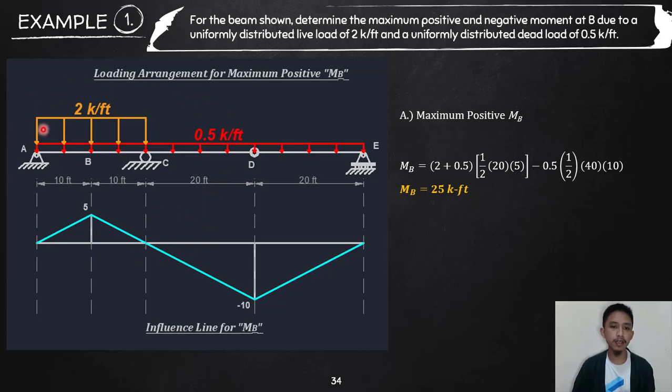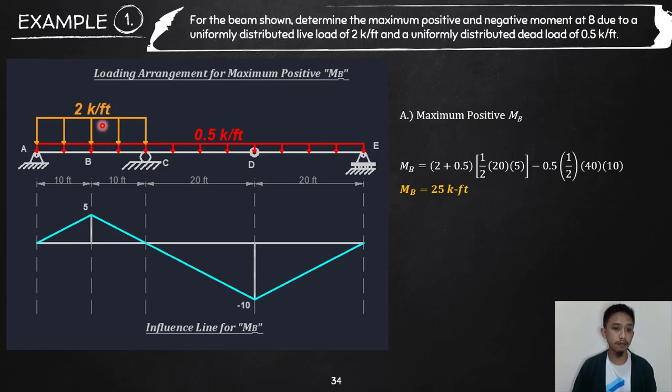Therefore, since we are after a maximum positive, we should locate our variable load over the positive area. So let's lay the live load of 2 kip per feet within the positive area of the influence line.